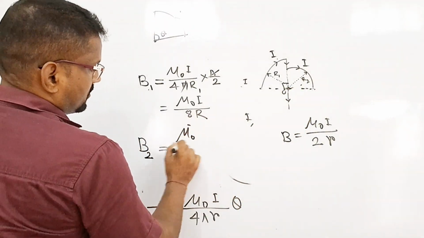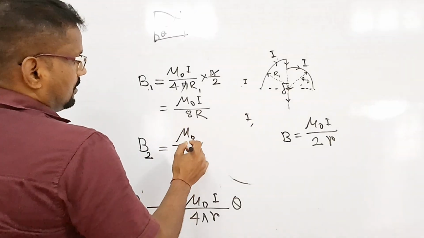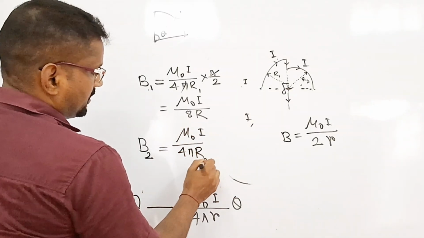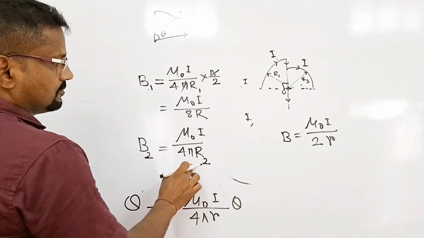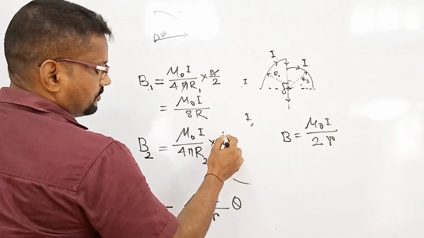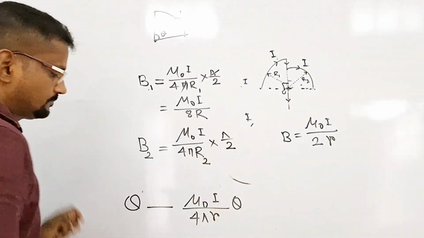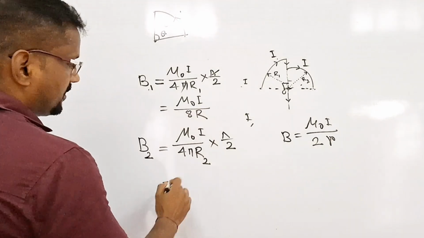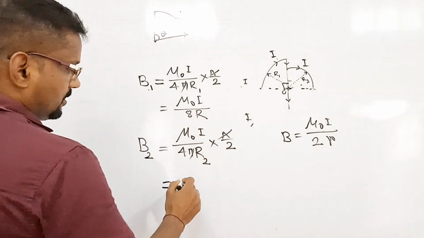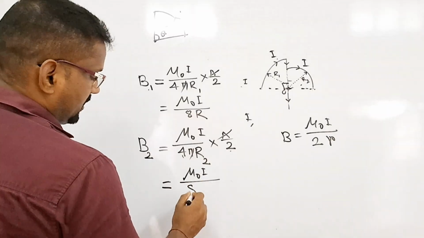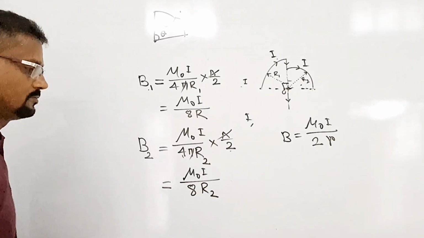That will be mu naught times I by 4 pi R, with radius R2, into theta. In this case also the angle is pi by 2. Then if you simplify this, pi cancels out, and here also mu naught times I divided by 2 fours are 8R2.